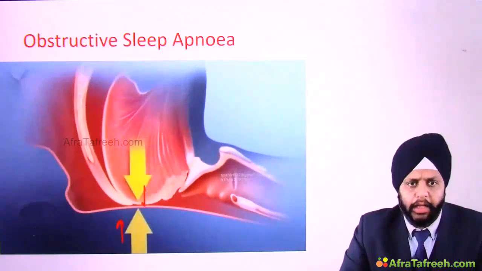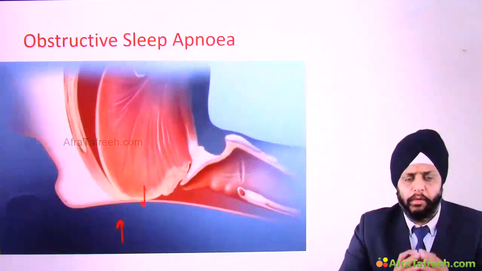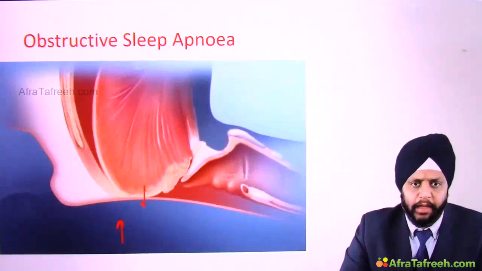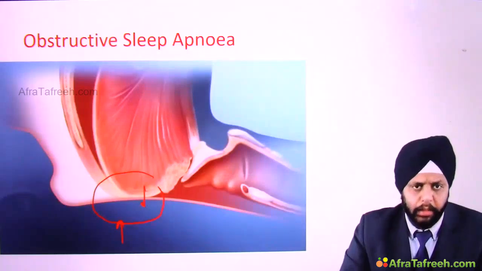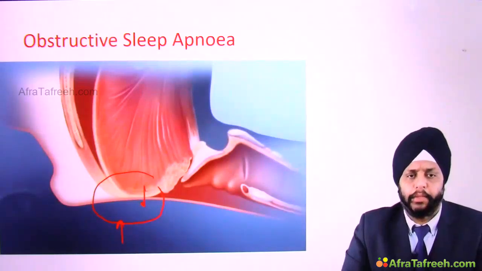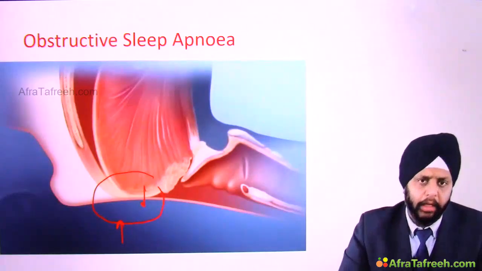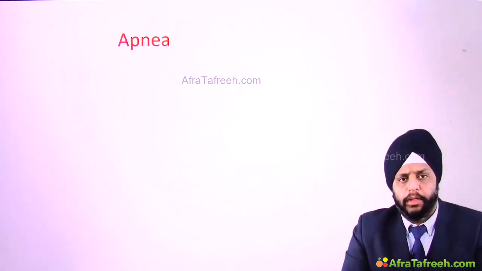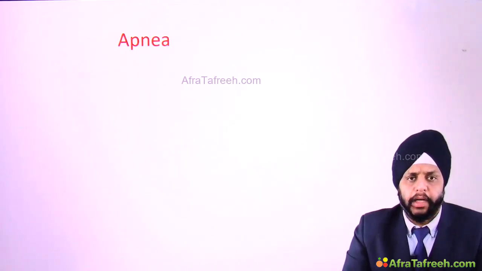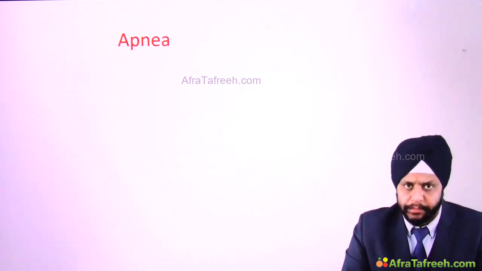So when they narrow the airway, they may cause a sound known as snoring. But if there is a complete obstruction like over here, they may cause a complete obstruction. Okay. Now, what happens because of this? Okay. Let's first understand apnea.